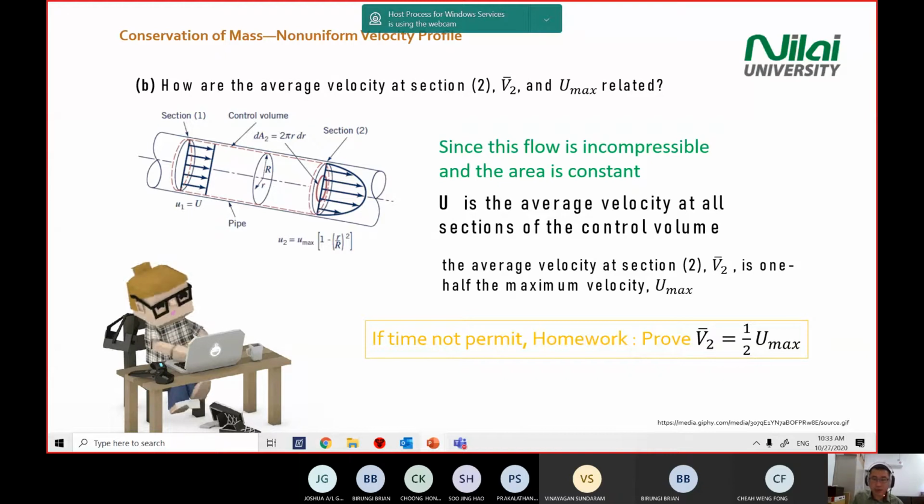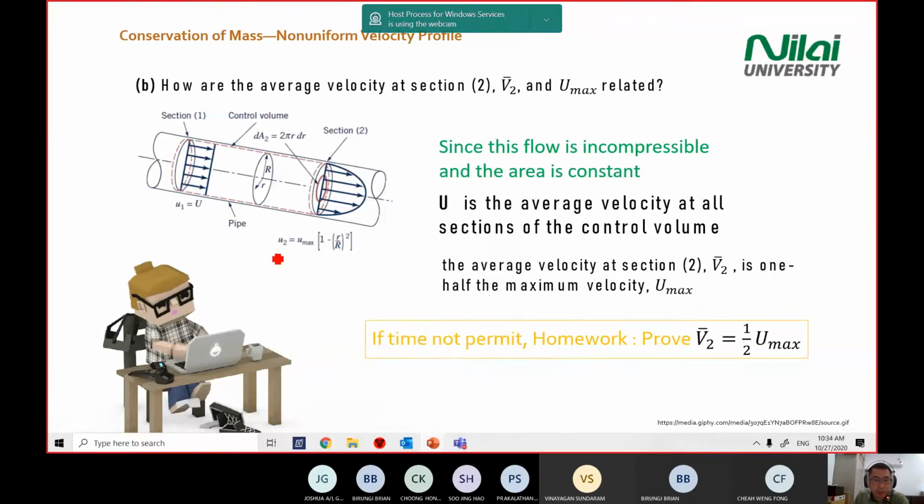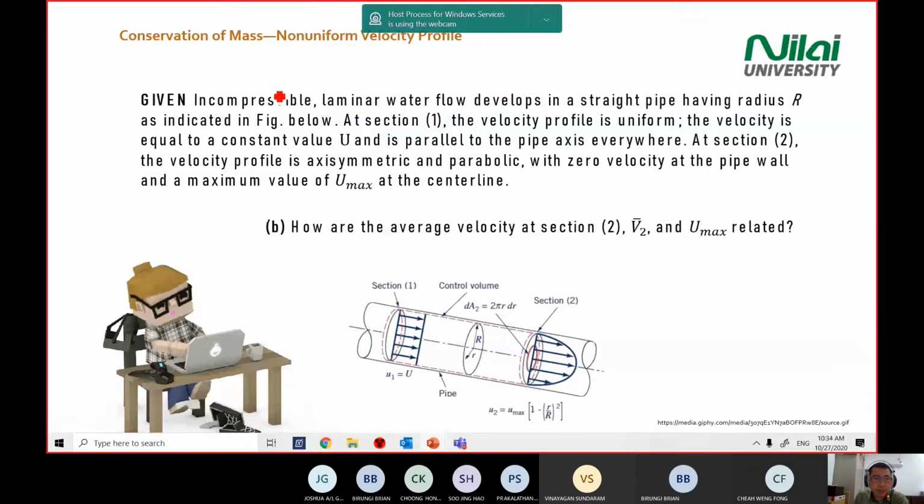Now, how do we know the value of Umax? You check the diagram or the statement. For example, in this example, you're given U1 equal to U. If in the question the velocity in section 1, the entry velocity, is let's say 10 meter per second.